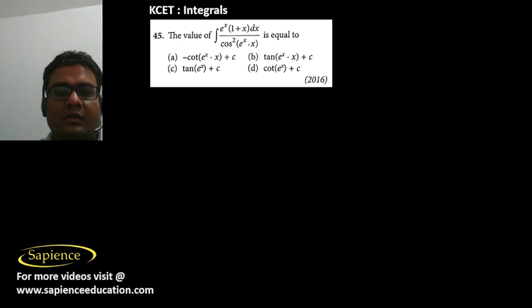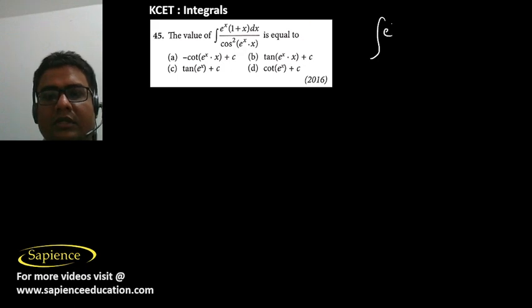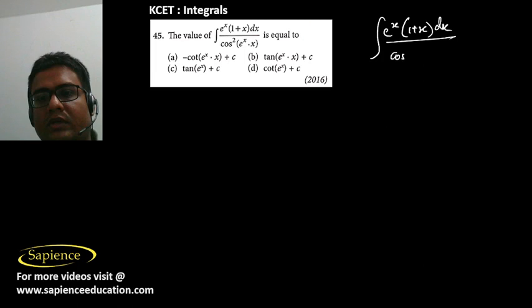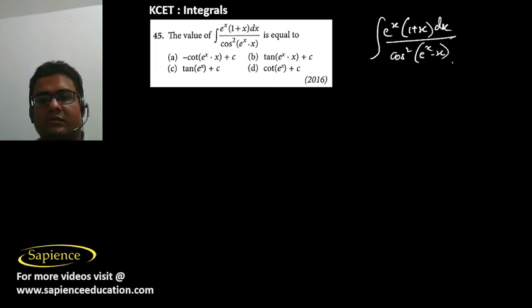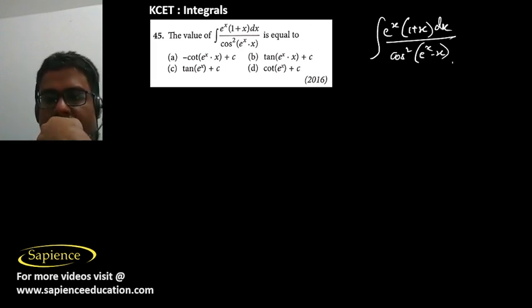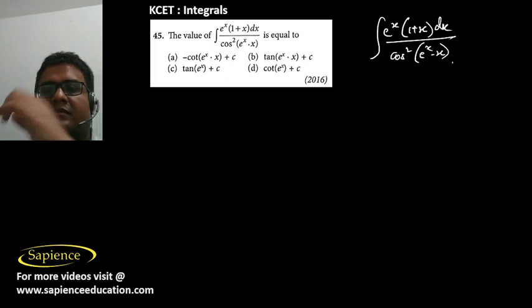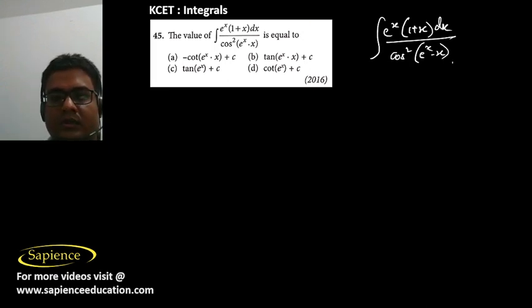And in question number 45, it is told to find the integral e power x into 1 plus x dx by cos square of e power x into x. So now this is the integral.